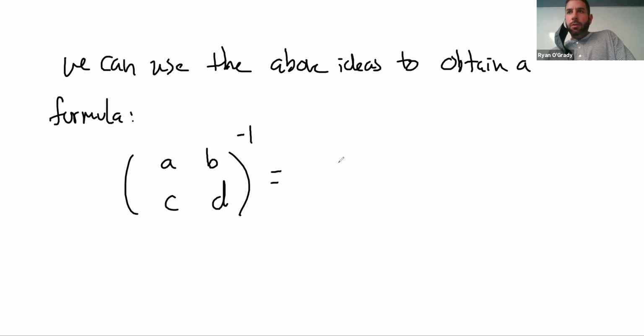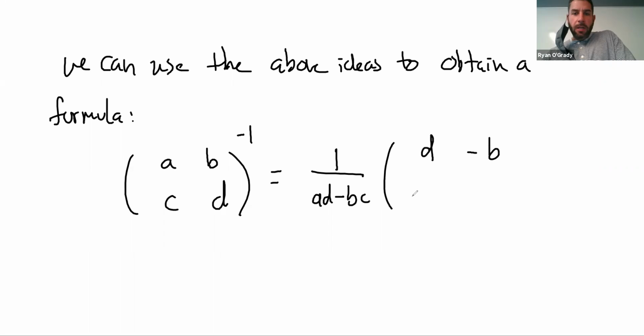The reason that it was going to be confusing is the following. This thing is equal to 1 over AD minus BC times D, negative B, negative C, A. So you flip the diagonals and then you negate the off diagonal elements. And then you have to multiply it by a number.